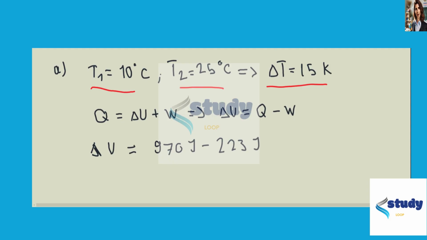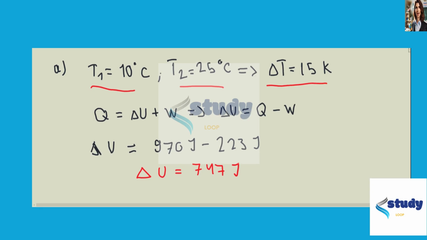From this, we can conclude that the change in internal energy will be equal to 747 joules. This is the amount of energy that goes only into the increase of the system's energy as internal energy.